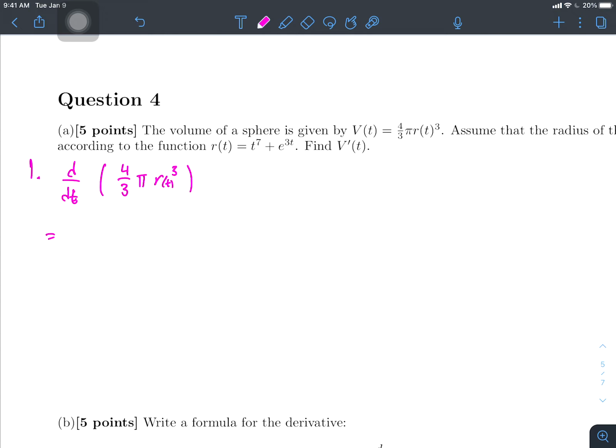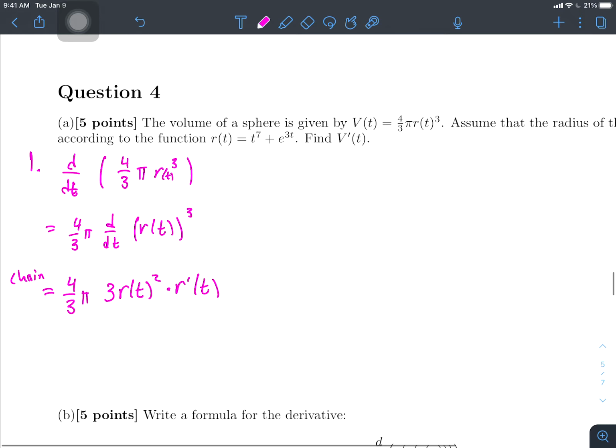So 4/3 times pi is a constant. Now I need the derivative of r of t cubed, which is an application of the chain rule, because I'm taking a function and cubing it. So I get 4/3 pi times 3r of t squared times r prime of t.